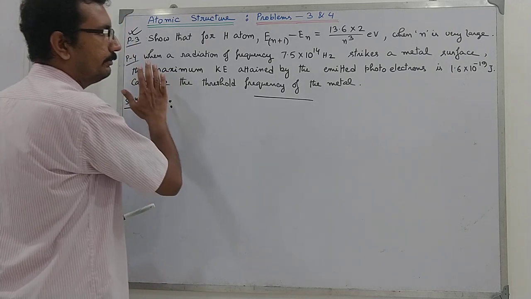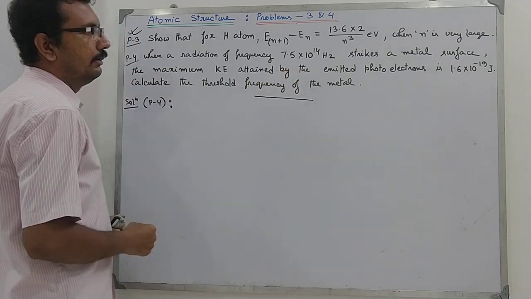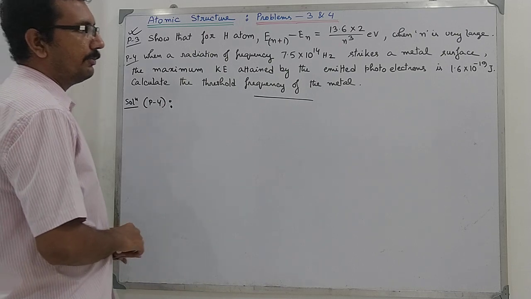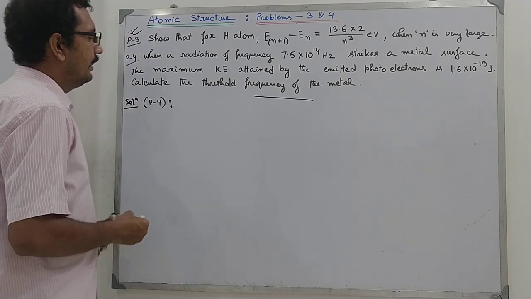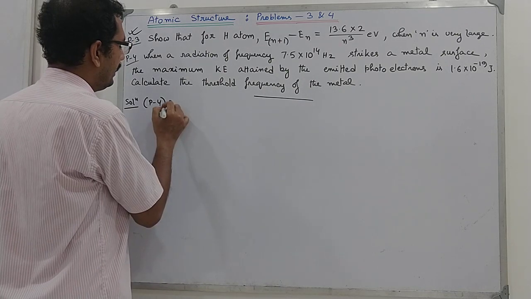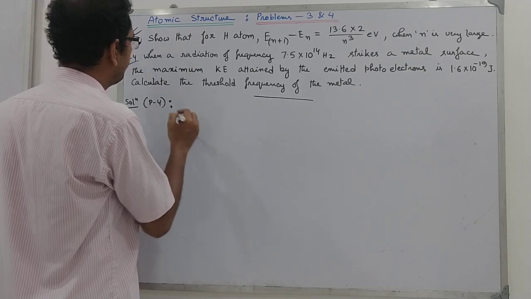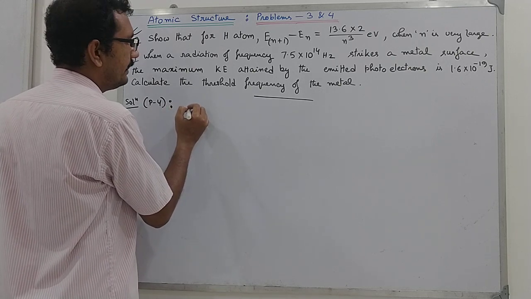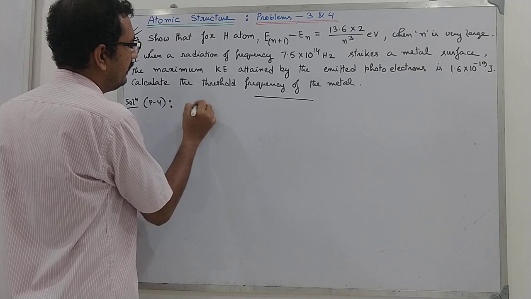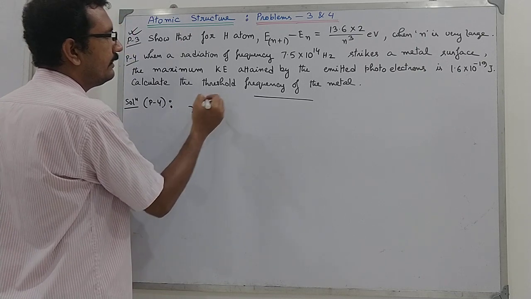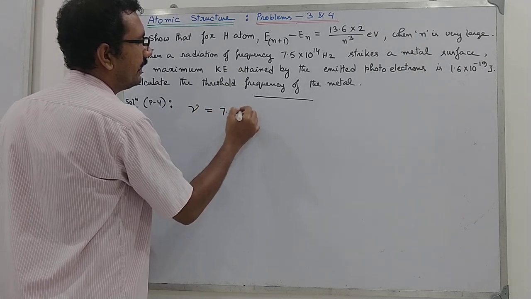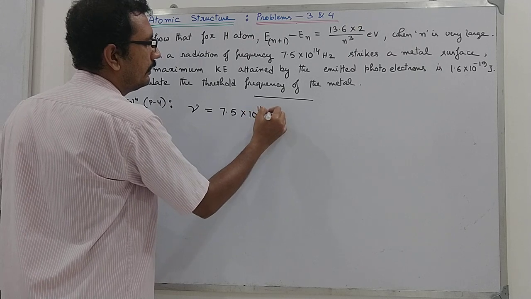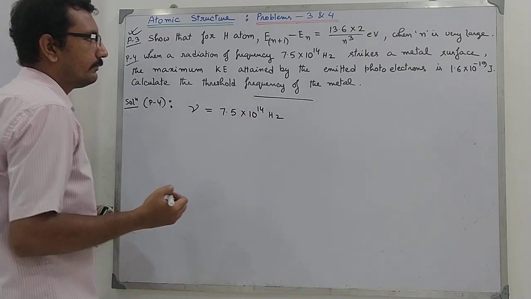So you see, this is a problem of the topic photoelectric effect. Now you have to use the Einstein equation here. Now see what is given. Given is the incident frequency, that is nu, which is 7.5 × 10^14 Hertz.